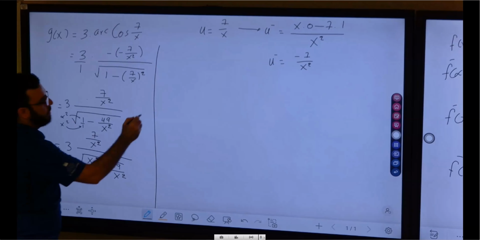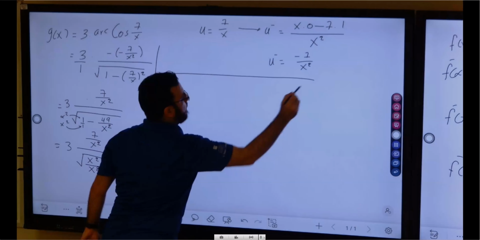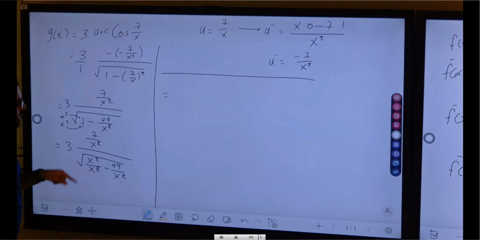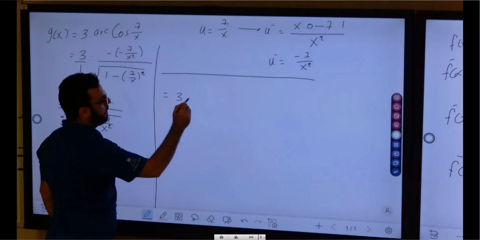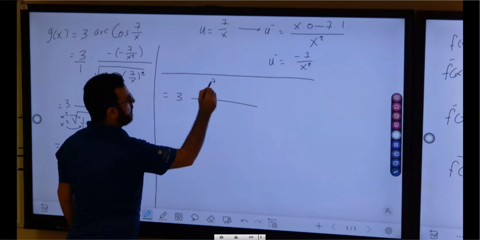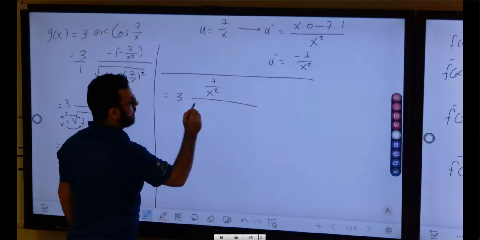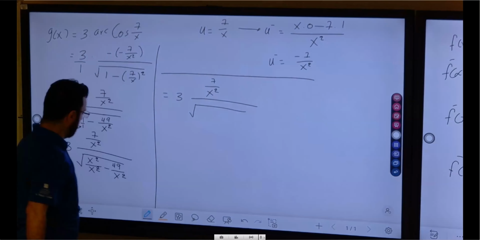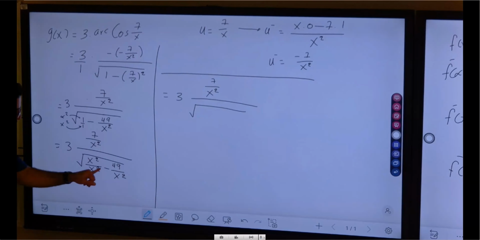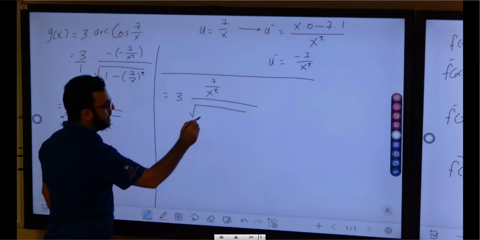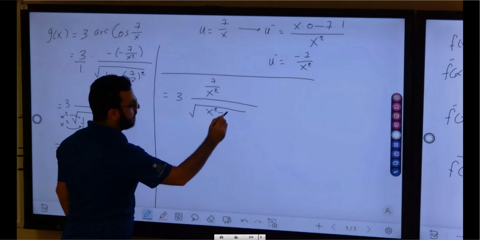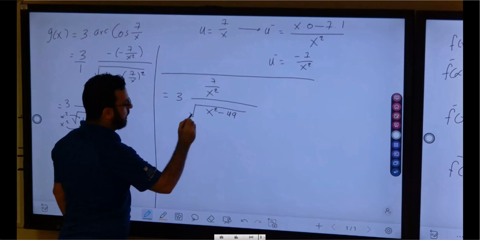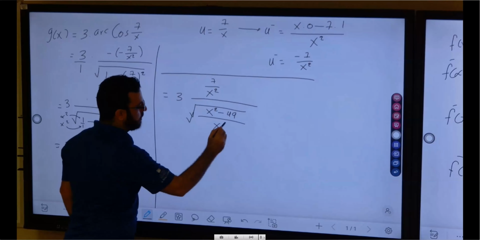Let's check how we're going to simplify it more. 3, this is 7 over x squared, and here is the square root. Now it's going to be x squared minus 49 over x squared.